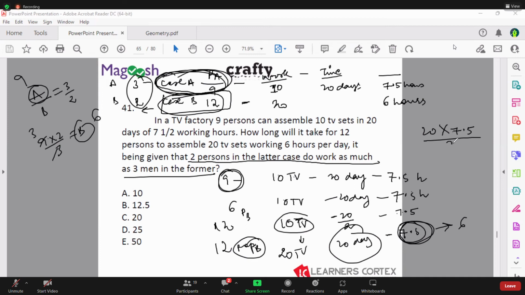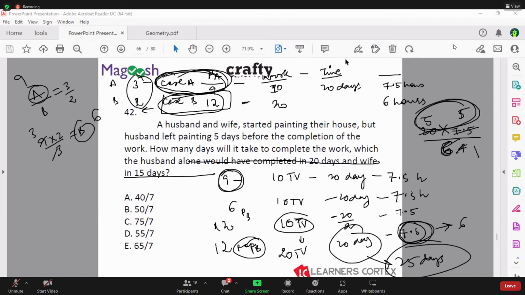If it is 6, we can basically divide by 6. So this will go by 1.5 as 5 times, and this will go by 1.5 as 4 times. So this here becomes 25 days.